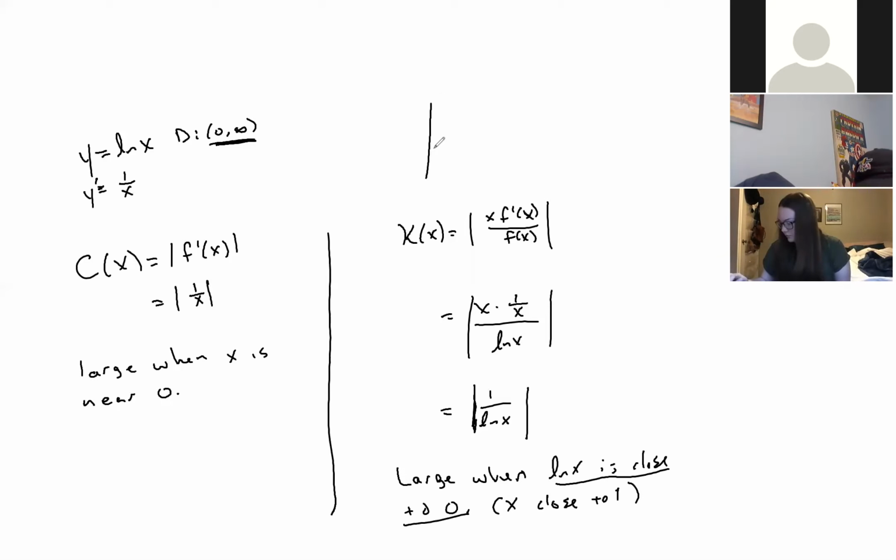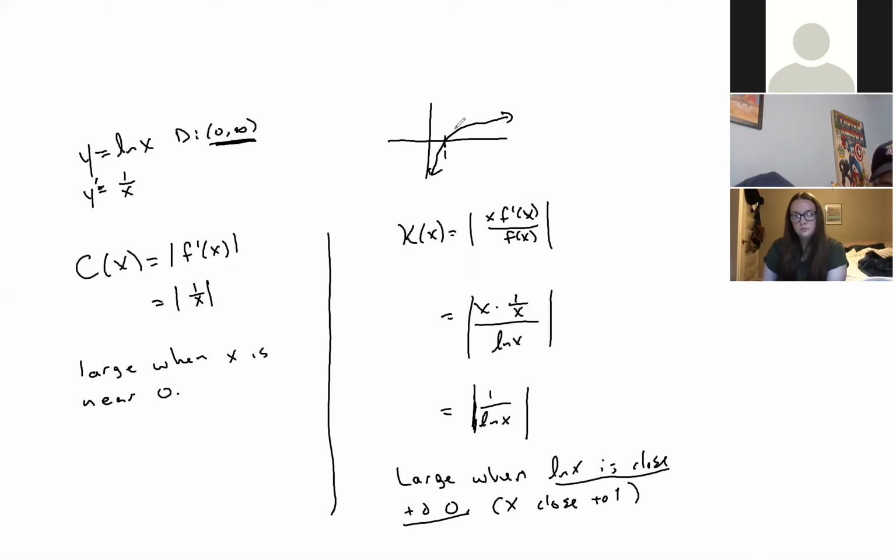I guess if we wanted to be a little bit more specific, we know what the natural log function looks like, right? And right around 1 is when it's close to 0. So if we're coming in from the left, then you'd be doing 1 divided by a negative number that's close to 0.